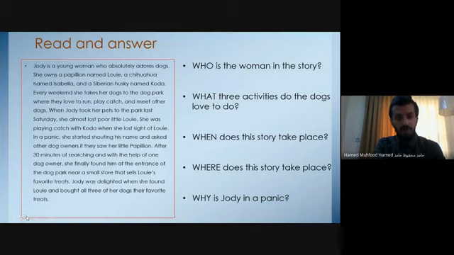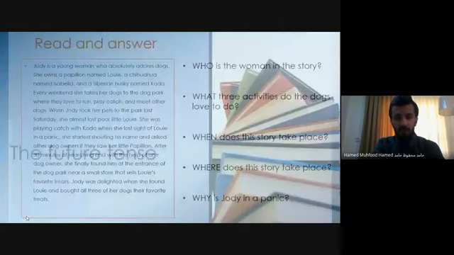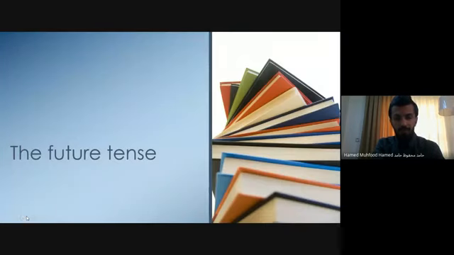The second one asks about activities, things. When asks about the time of what happened. Where asks about the place, and why asks about the reason and the cause behind the actions of the story. So that's it with this text, and that's it with the WH questions.